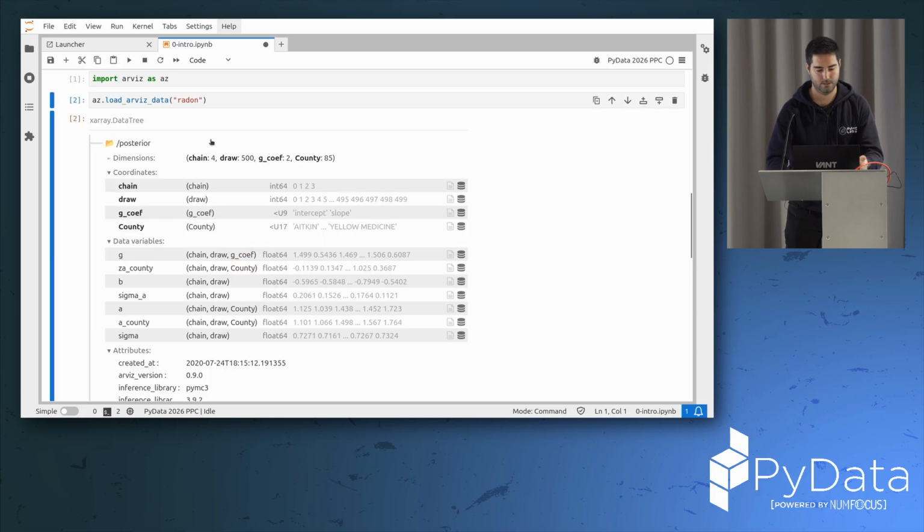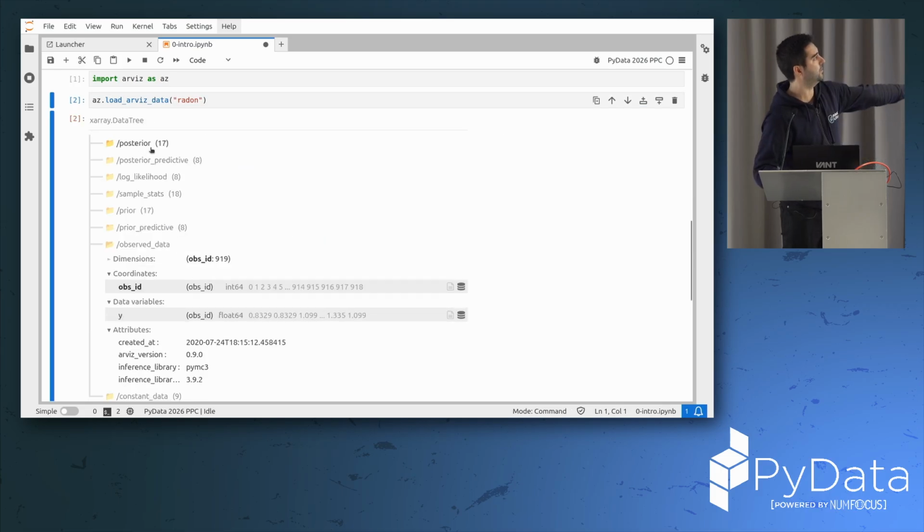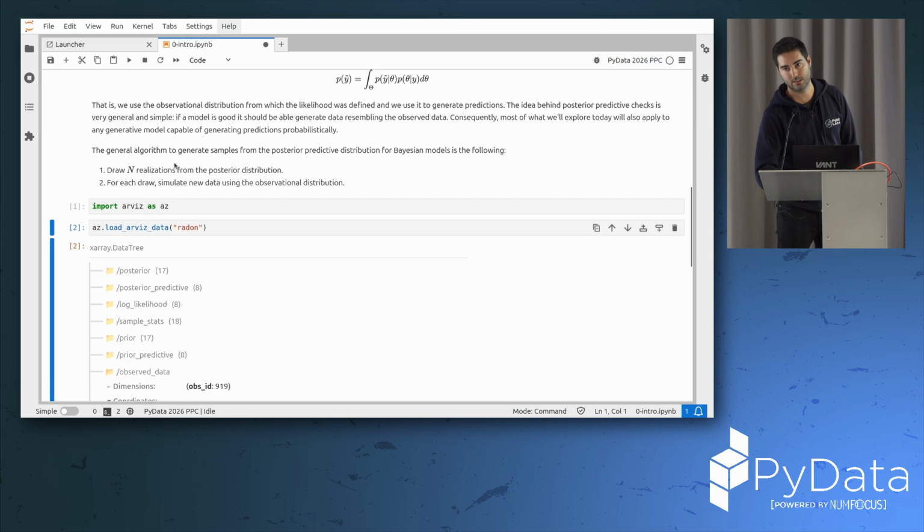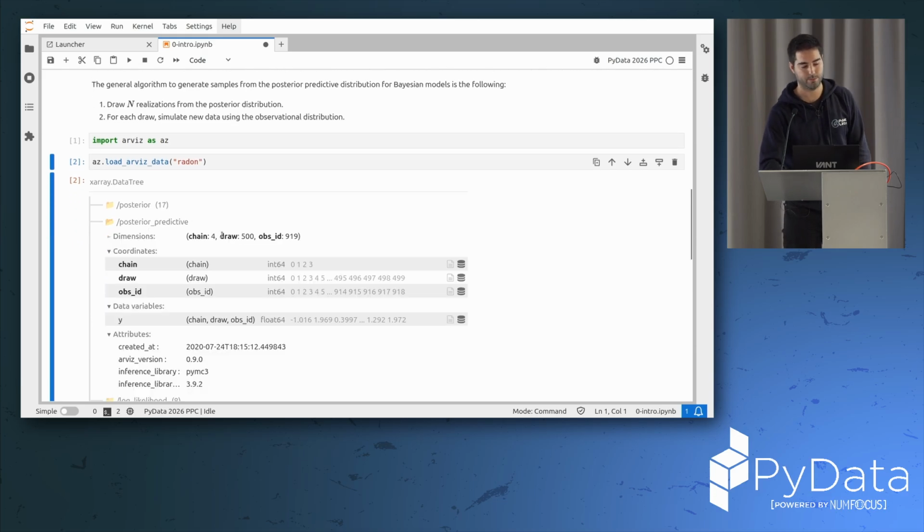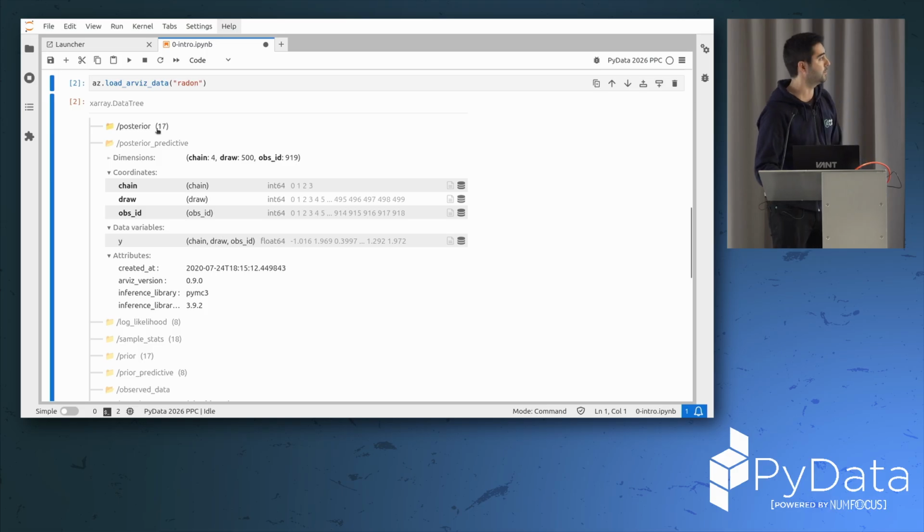And then we do this small forward sampling step so that we get posterior predictive distributions out of this posterior. So we end up with an array that has this chain, draw, and D shape.